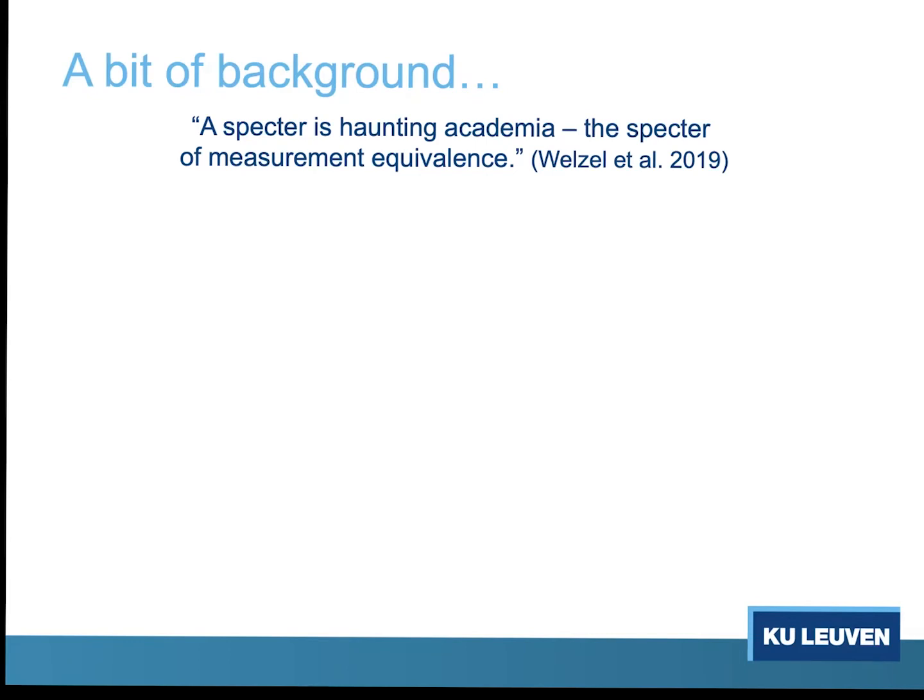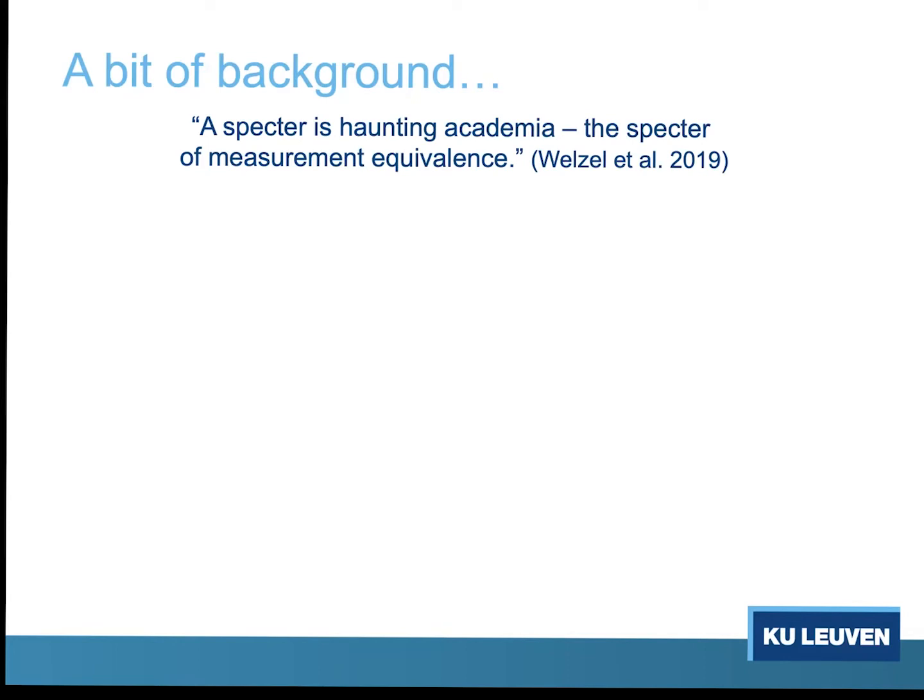The idea is that we're increasingly trying to test measurement equivalence, but it's not doing us a lot of benefit. It's in fact harming our research. And it's precisely this statement that I want to discuss together with you.